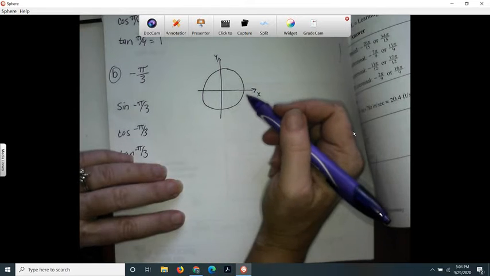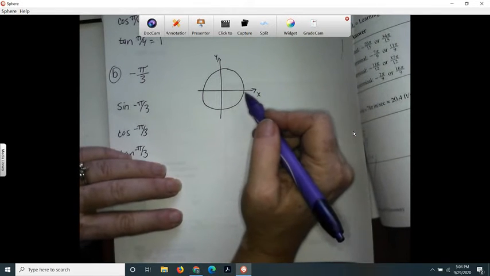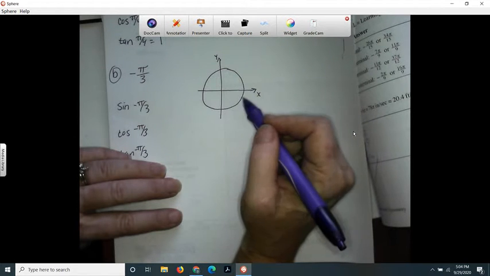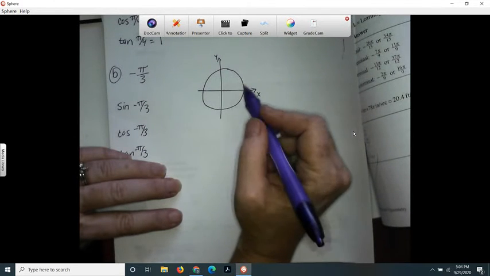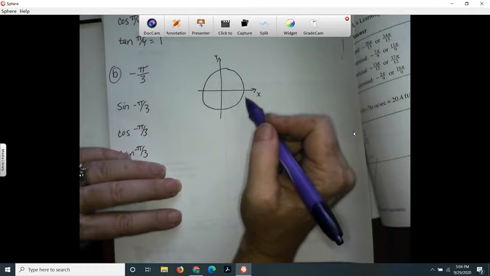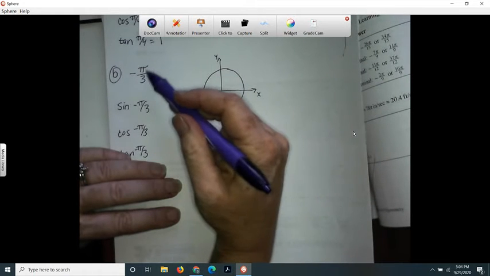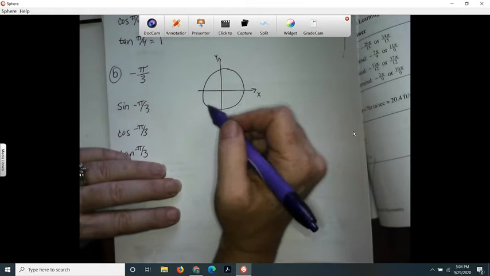And so pi over 3, I know that if I opened up an angle halfway around, that would be pi. And if I opened an angle all the way around, that would be 2 pi. If I opened an angle just right to here, that would be negative pi over 2. Well, I know that pi over 3 is like 1/3 of pi.